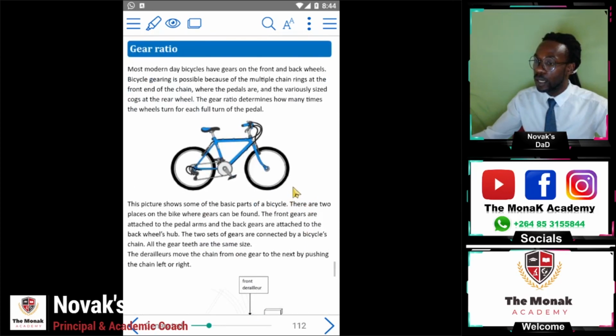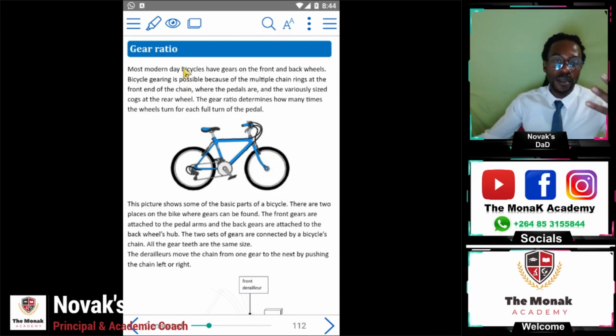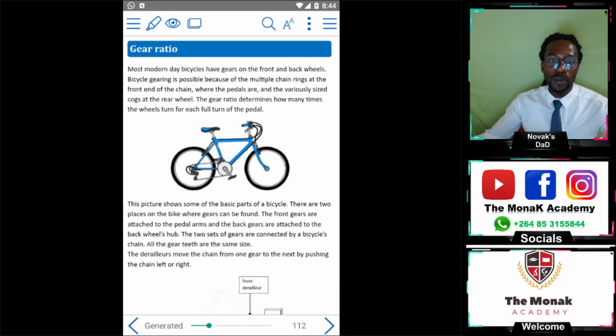Now we come to the last part. Gear ratio: don't be worried that there's a gear ratio. It's simple. The same way we've been doing is what we're going to be doing now.